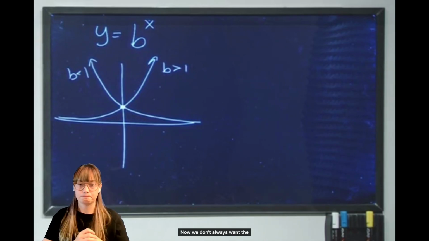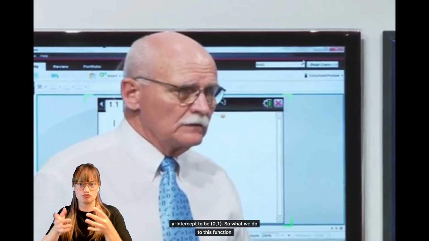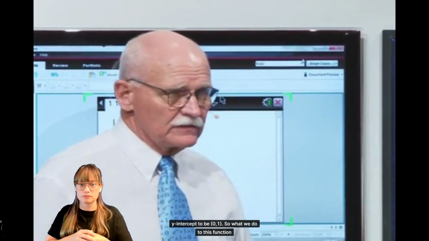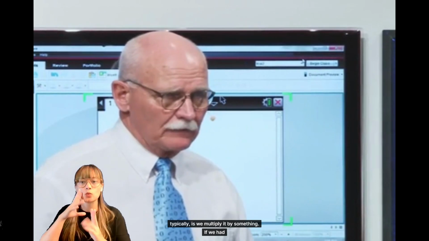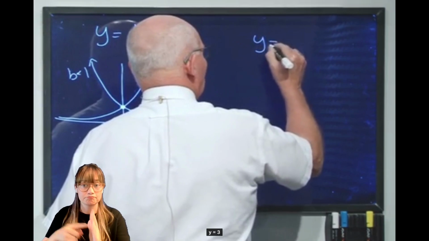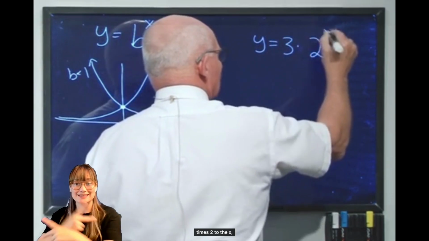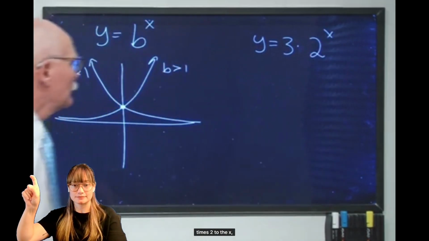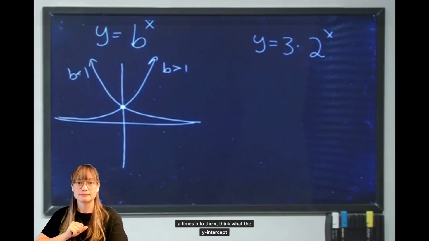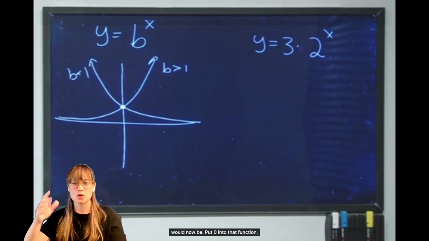Okay? Now, we don't always want the y-intercept to be 0, 1. So what we do to this function typically is we multiply it by something. If we had y equals 3 times 2 to the x, a times b to the x, think what the y-intercept would now be.